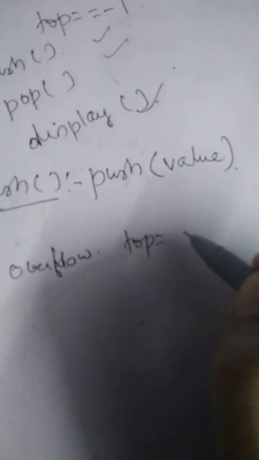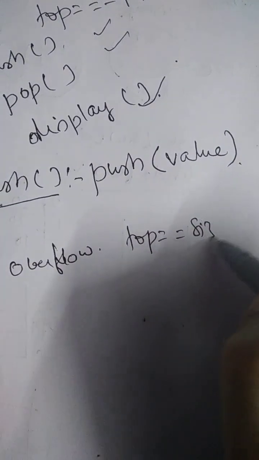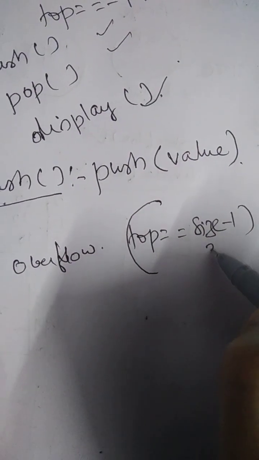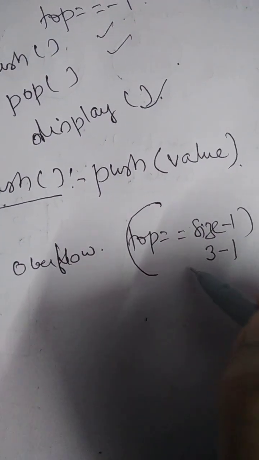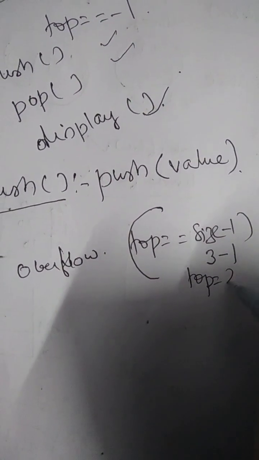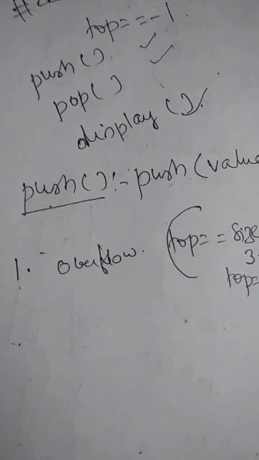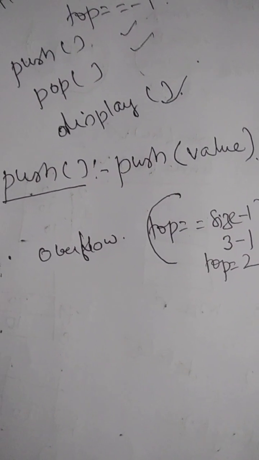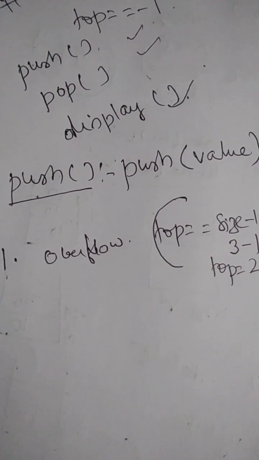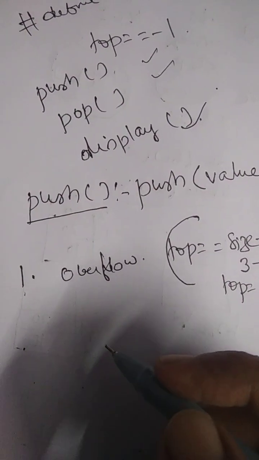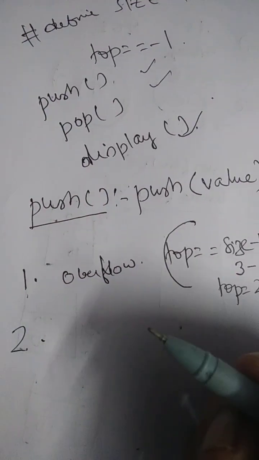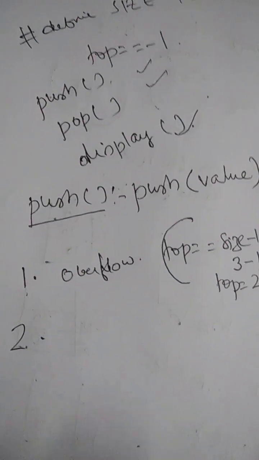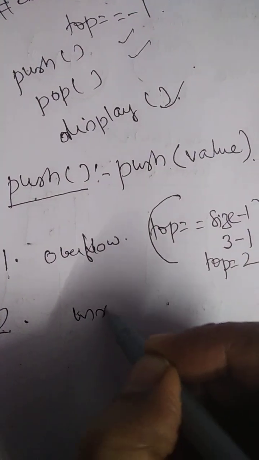Top is equal to size minus 1. For example, if the size of the stack is 3, then 3 minus 1, so top is equal to 2. Positions start from 0, 1, 2, and top will indicate 2. If the condition is true, you have to display a message: insertion is not possible.